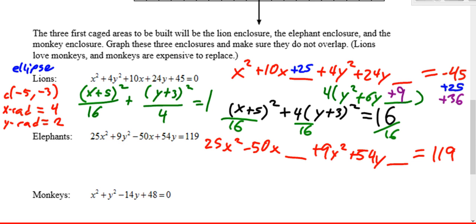Since there's numbers in front, we need to factor them out. Factor out the 9.